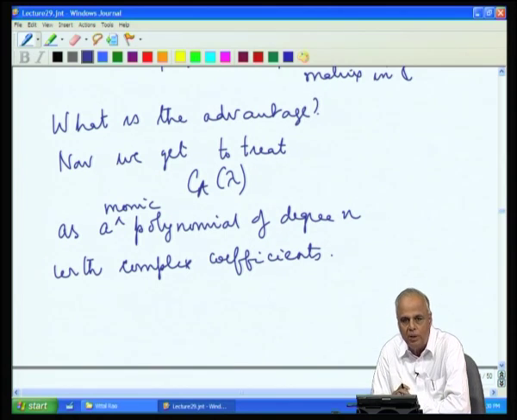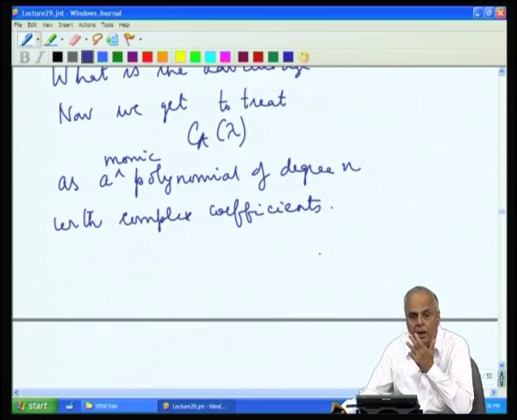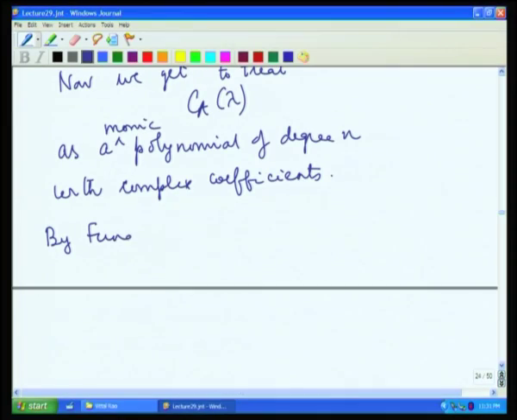Maybe some of the roots are repeated, but if you count the repetitions, the total number of roots will be n, which means a complex polynomial can be completely factored into linear polynomials by the fundamental theorem of algebra.